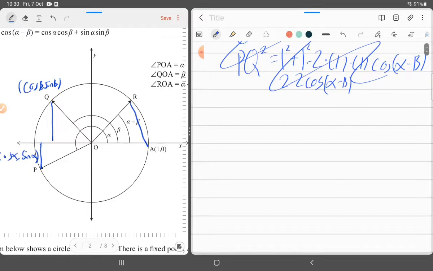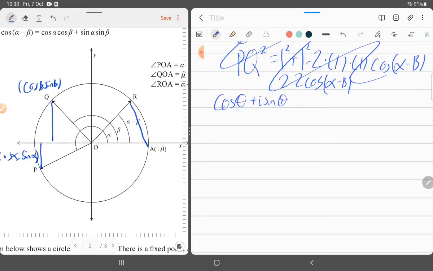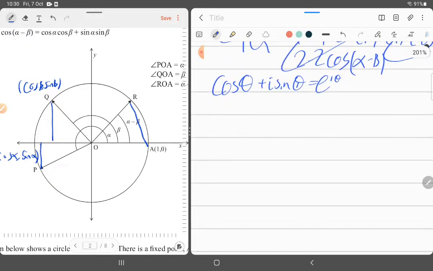Okay, I'll show you the other method. So e to the i theta is equal to cosine theta plus i sine theta. Then e to the i alpha over e to the i beta is equal to e to the i alpha minus beta.